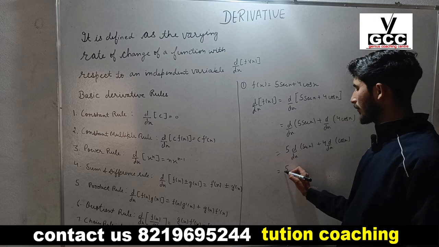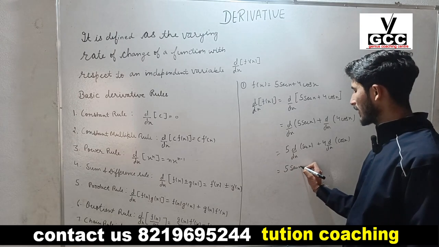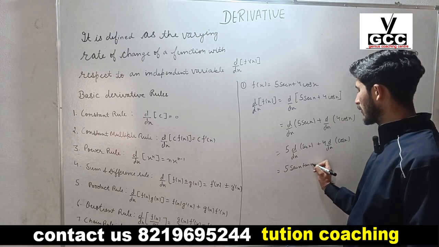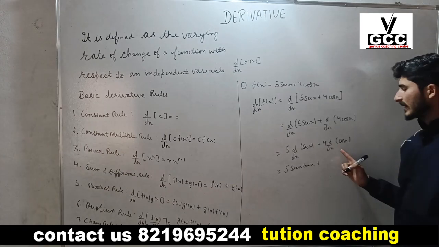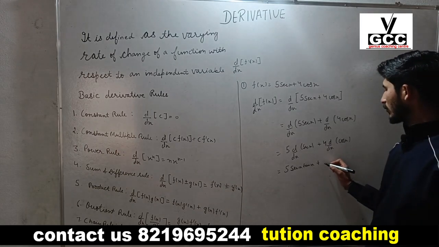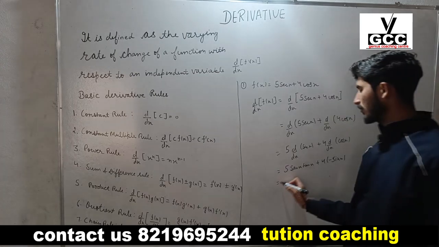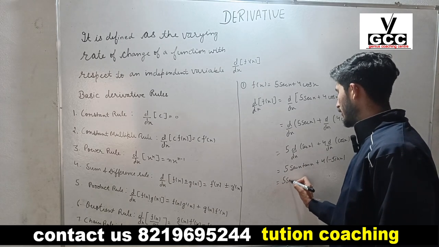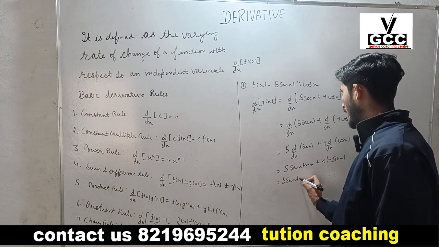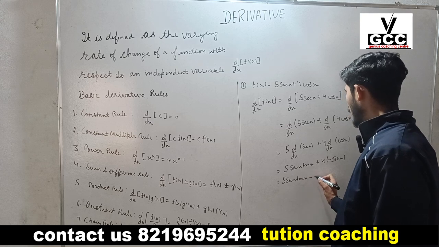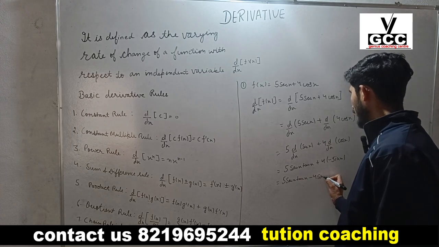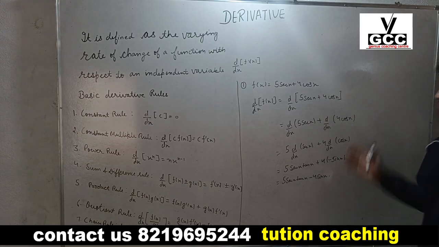So what is the derivative of secant x? The derivative of secant x is secant x tan x, plus what is the derivative of cos x? The derivative of cos x is minus sin x. That is equal to 5 secant x tan x minus 4 sin x.